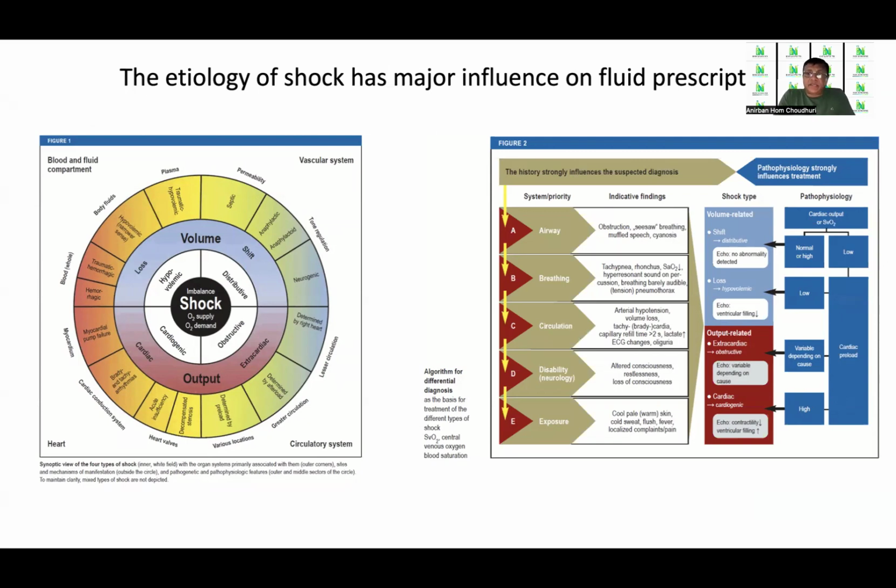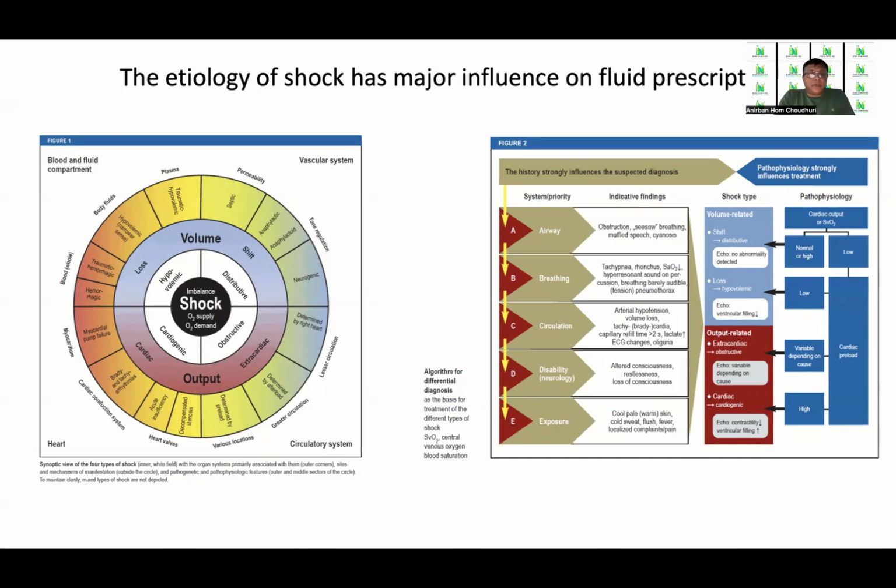Now, in certain types of shock, such as distributive shock, that is septic shock, the pathology occurs mainly in the permeability and in the regulation of the tone. So it is also called vasoplegic shock.